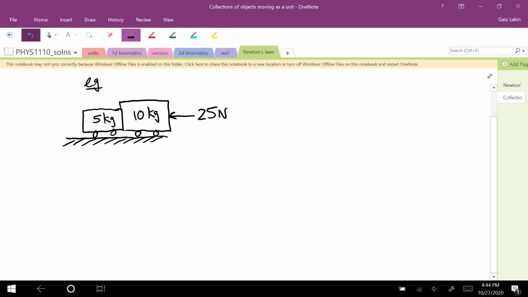And you can also have similar things where, let's say it's carts again, but this time, let's say that they're connected by a cable.